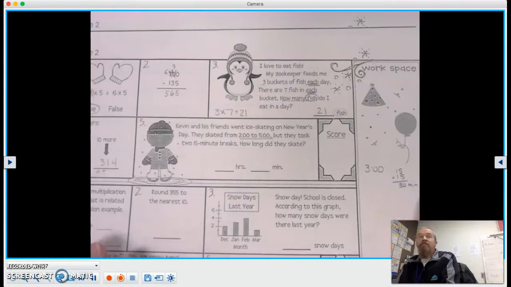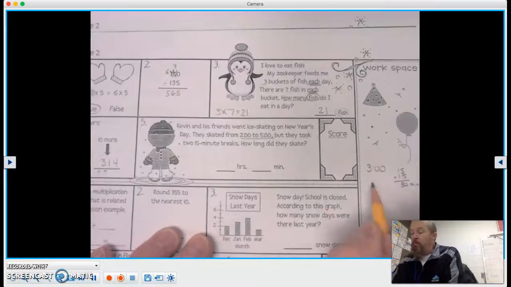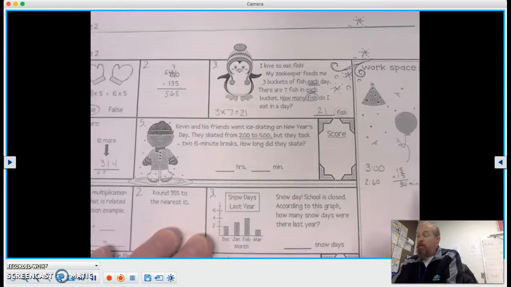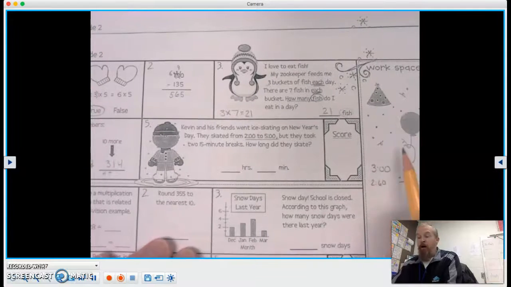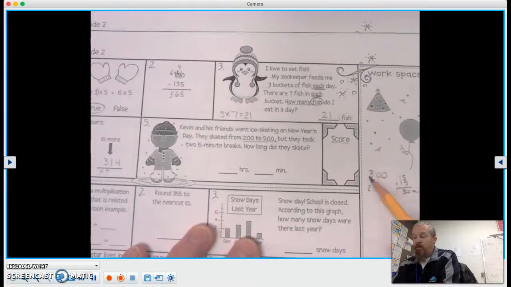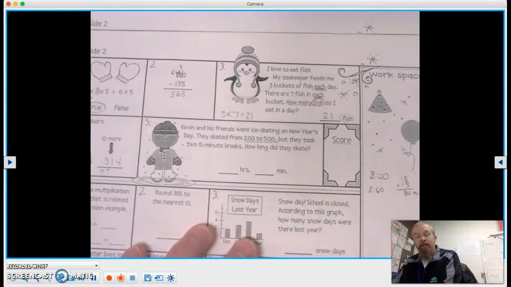So we have to take 30 minutes off of 3 hours. So now we're going to be down to think of it as 2 hours and 60 minutes. Okay, because it's kind of like when we borrowed, like up here, right? So we're going to borrow, we're going to cross that out, we're going to make it a 2, and we're going to change 0 into 60.